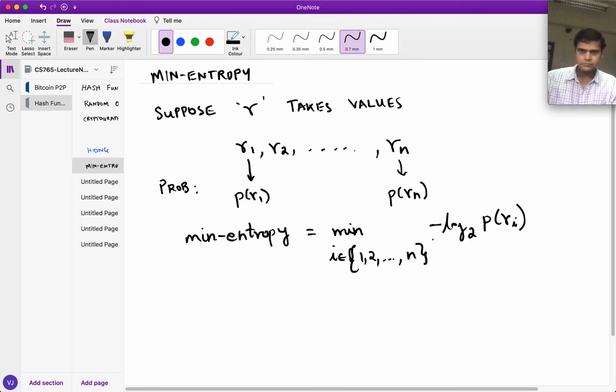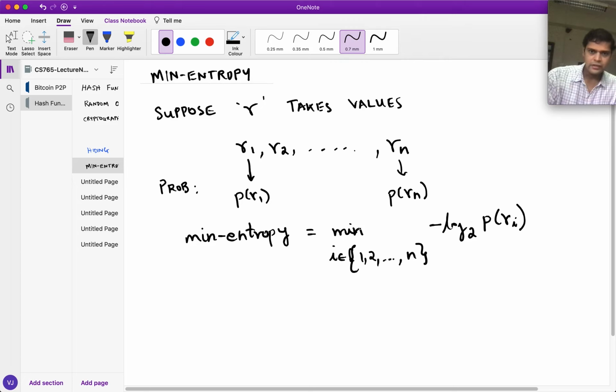The probability of a random number is of course less than 1, so minus the log of that probability is going to give you a positive number, right? And I'm looking for the smallest of those.